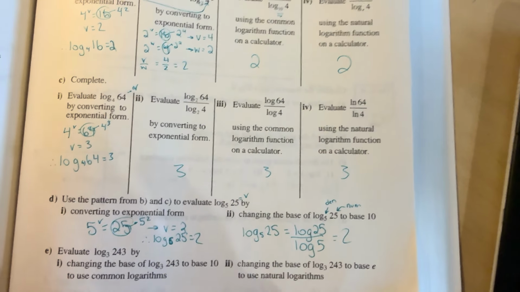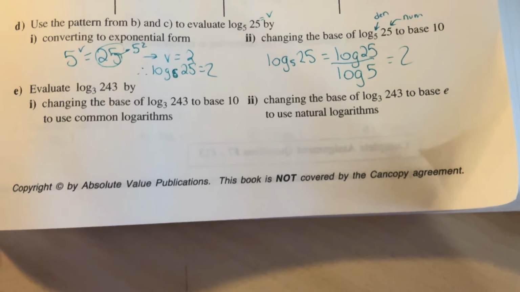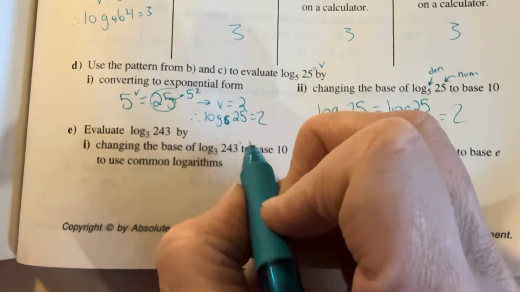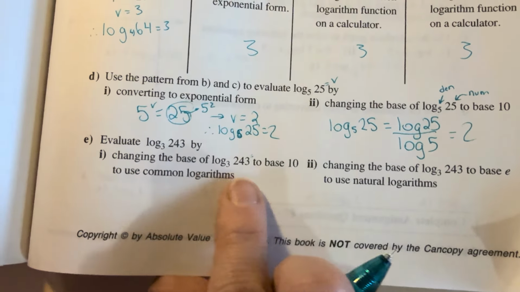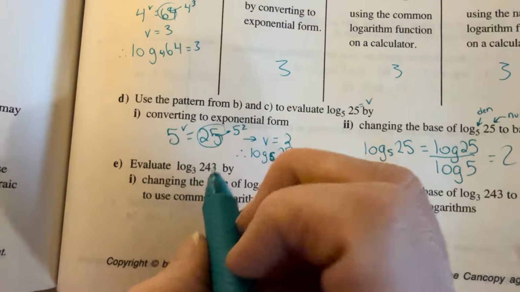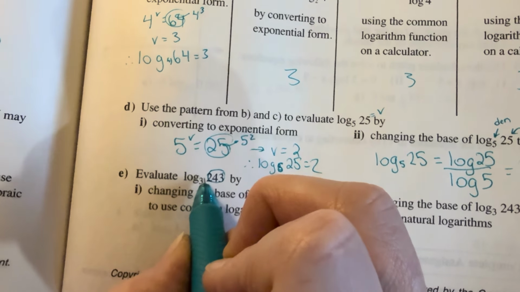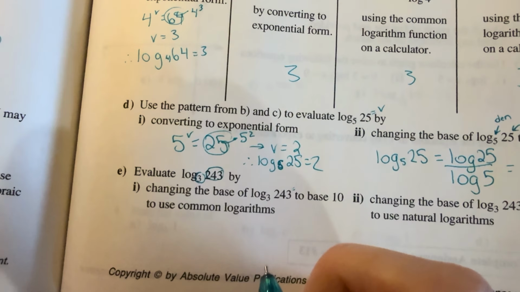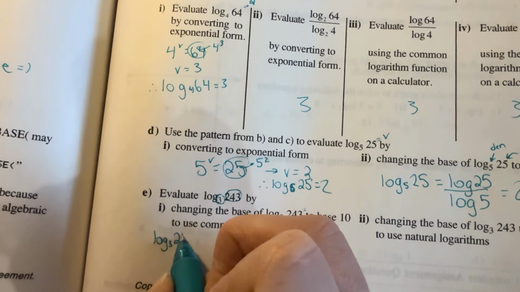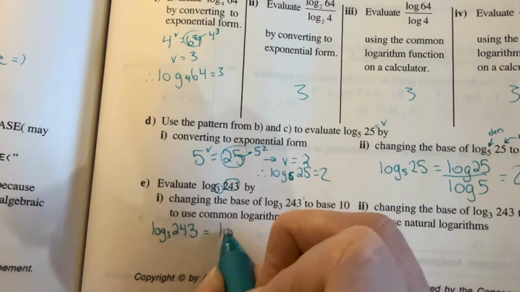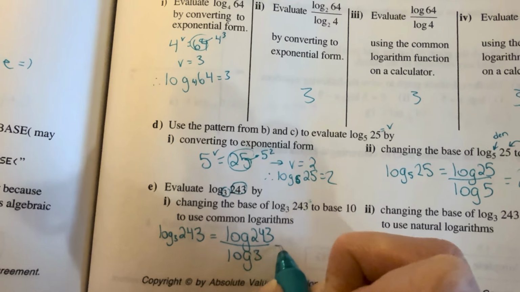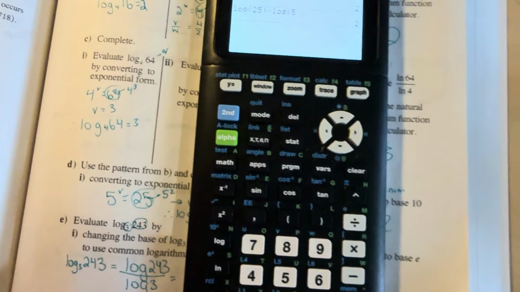Okay, so one last question. Change of base, once again, changing the base to base 10. So we know that this is going to be my numerator's argument, and this is going to be my denominator's argument, and it's base 10. So log base 3 of 243 is going to be equal to log of 243 divided by log of 3, which we would just plug in.